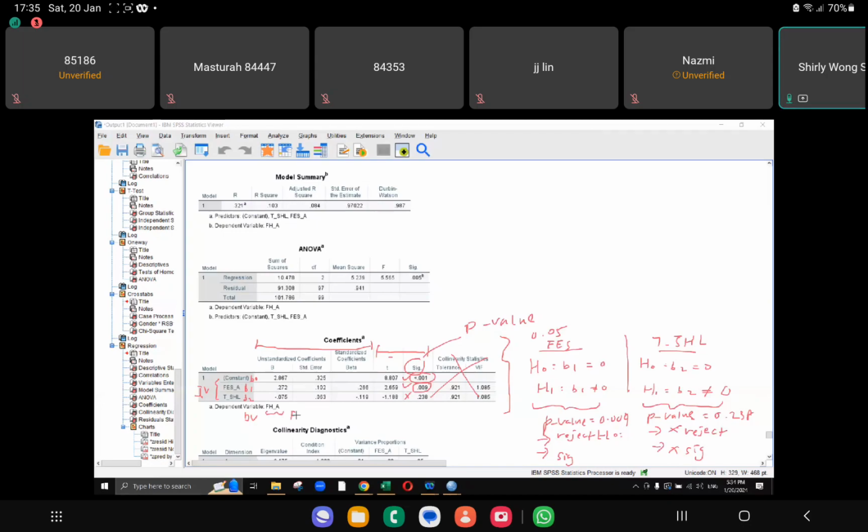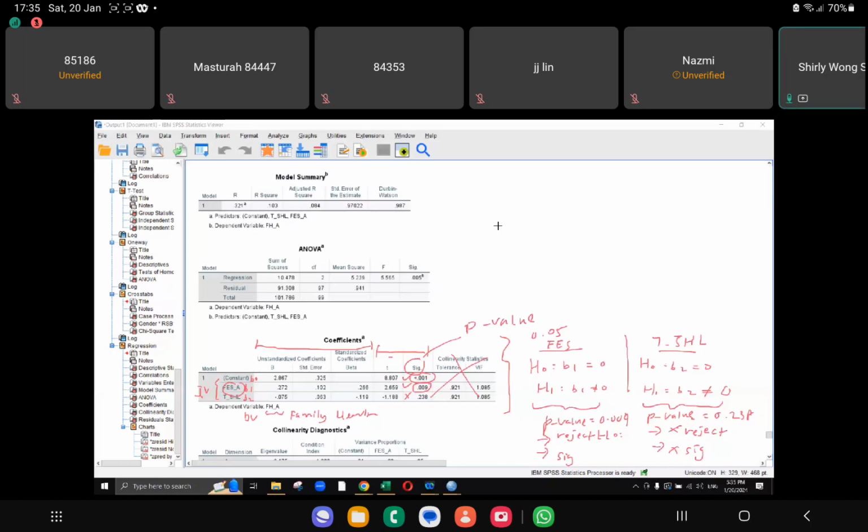So only this variable is significant. The other is not significant. So then for FES, look at the beta coefficient, positive or negative?